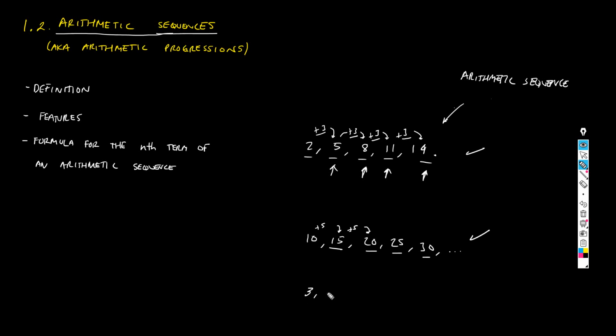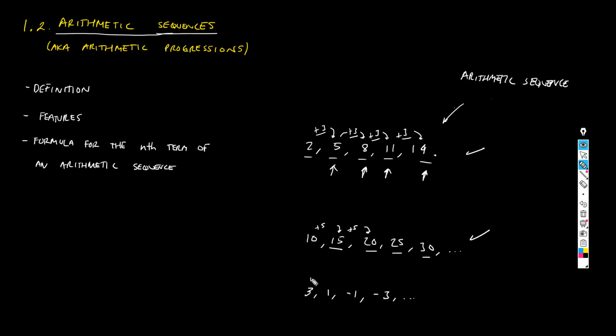What about this one? 3, 1, -1, -3, etc. Look at this. Again, this is an infinite sequence because I'm seeing the 3 points. Now, is it arithmetic or not? The answer is yes. What is the number that we are adding constantly in order to get the new term?